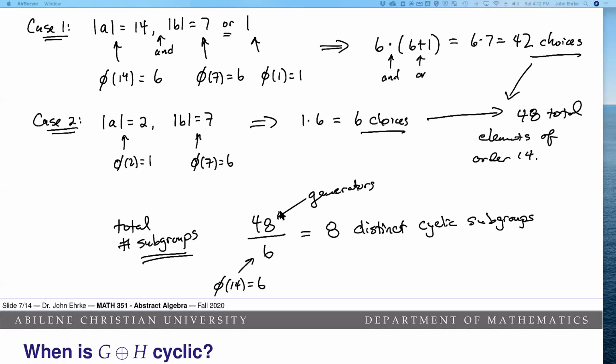And so what's going on here is, just because you have an element A, let's say, that has order 14, right? You can list A, A squared, A cubed, A to the 4th, A to the 5th, A to the 6th, and so on.